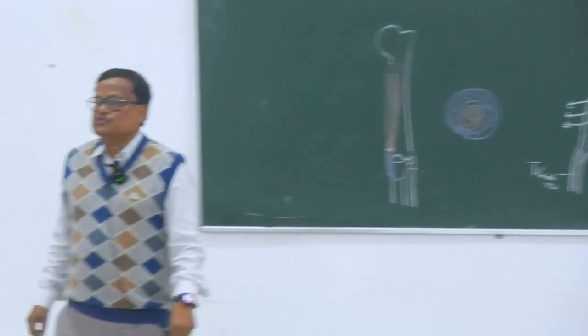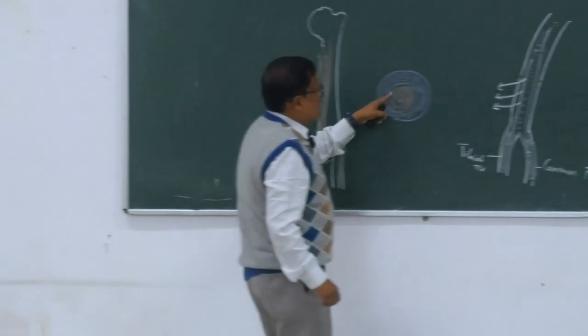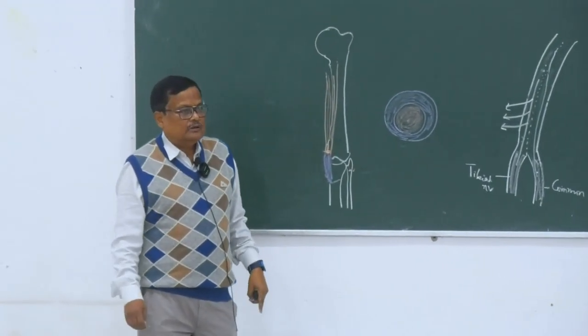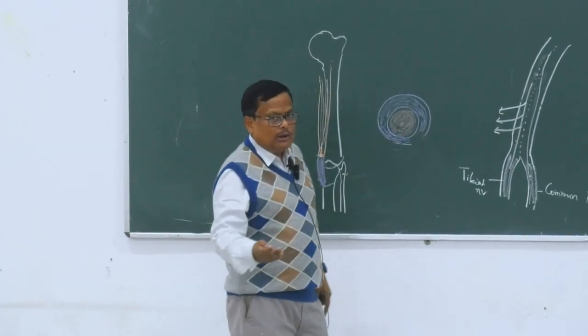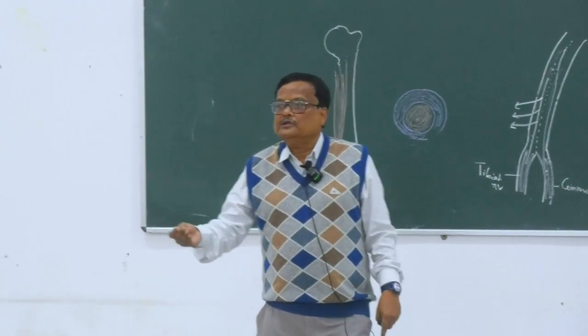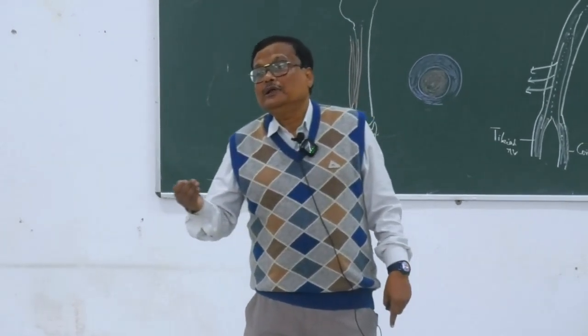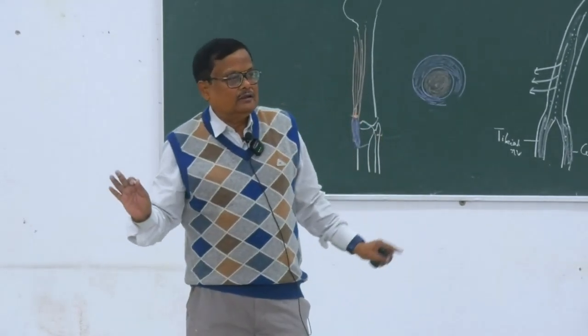The outer part is fibrocartilaginous and the inner part is the nucleus pulposus. In old age, this cartilage, especially fibrocartilage, gradually degenerates. Degenerates means it gradually wears away.